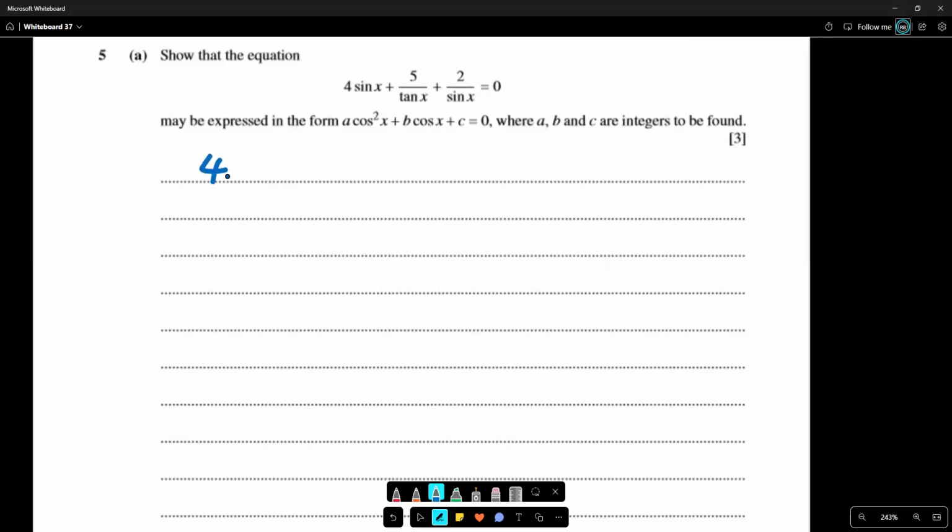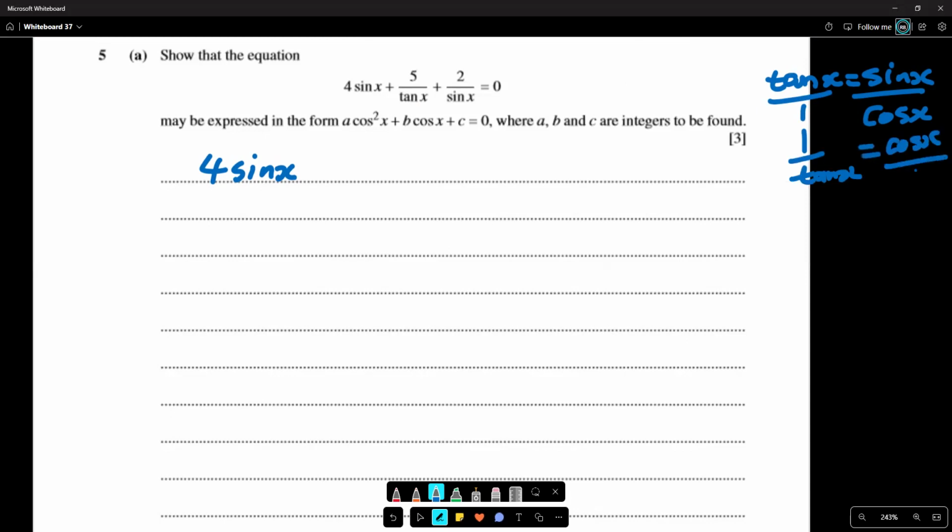You have 4 sine x. Remember, guys, tan x is basically sine x over cos x. Which means if I were to invert this, 1 over tan x is the same as cos x over sine x.